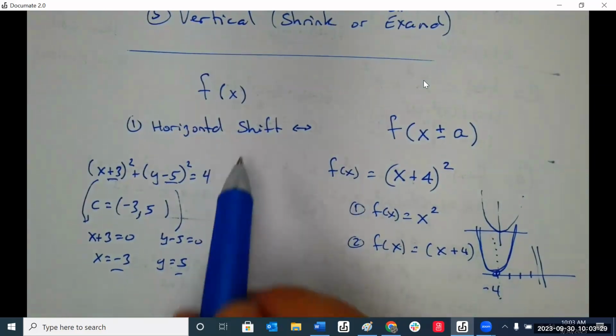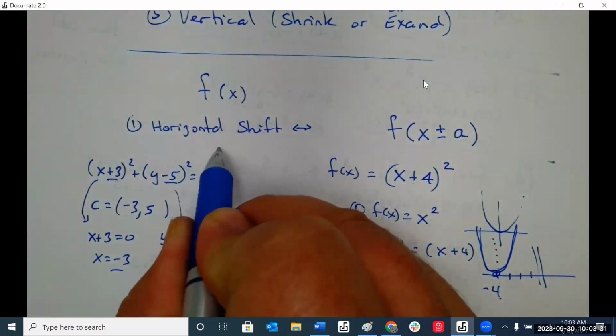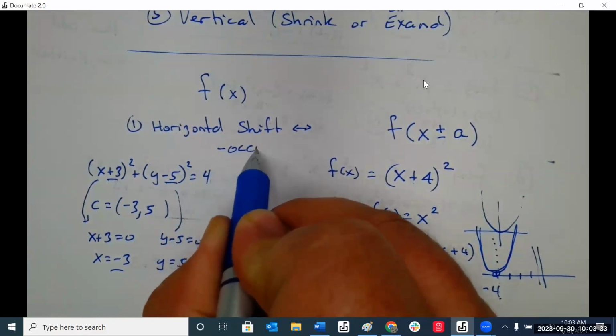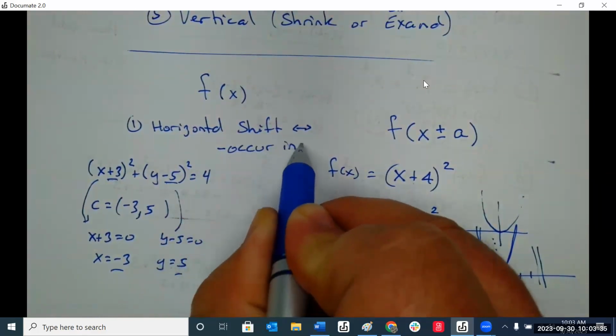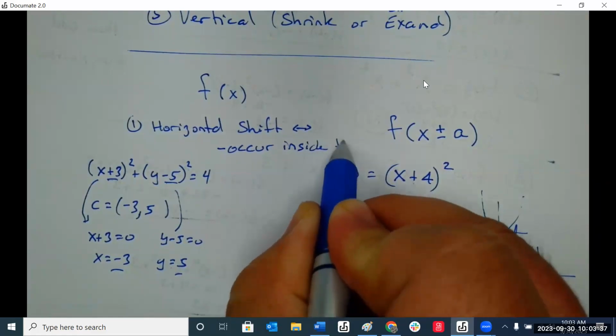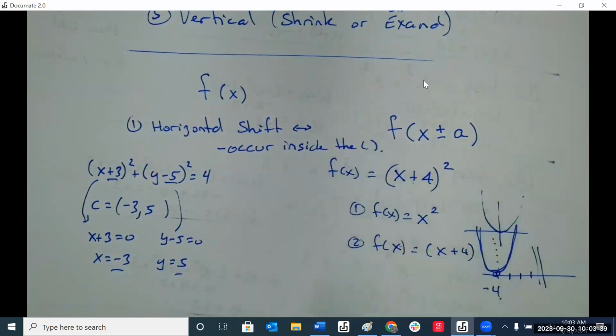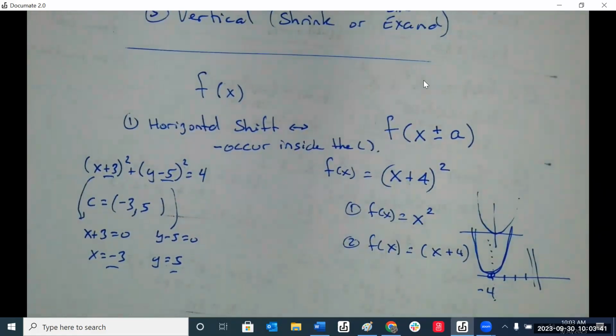So horizontal shifts occur inside the parentheses. Order of operations says you're supposed to do inside the parentheses first. So the first thing you're going to do is a horizontal shift. That's straightforward.